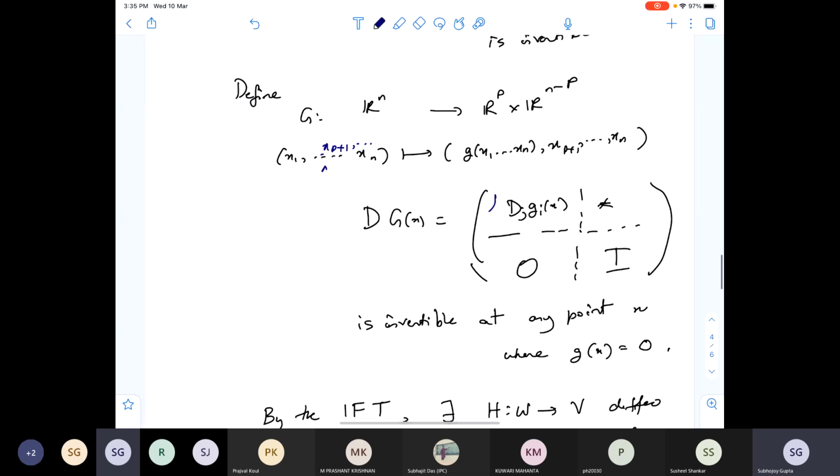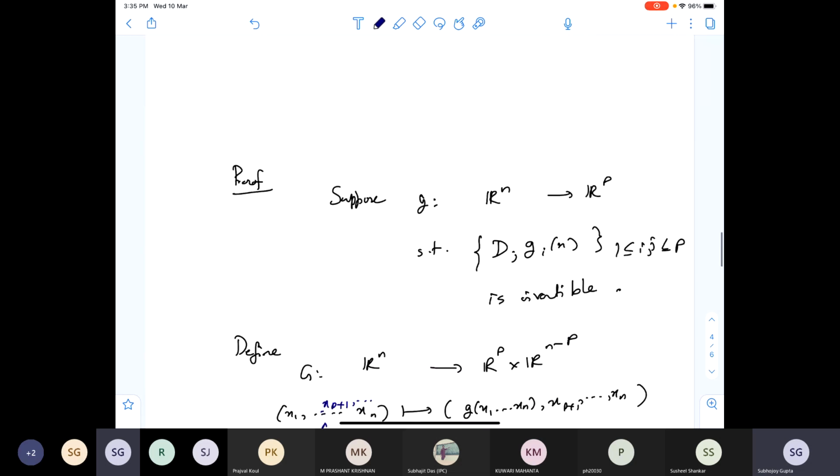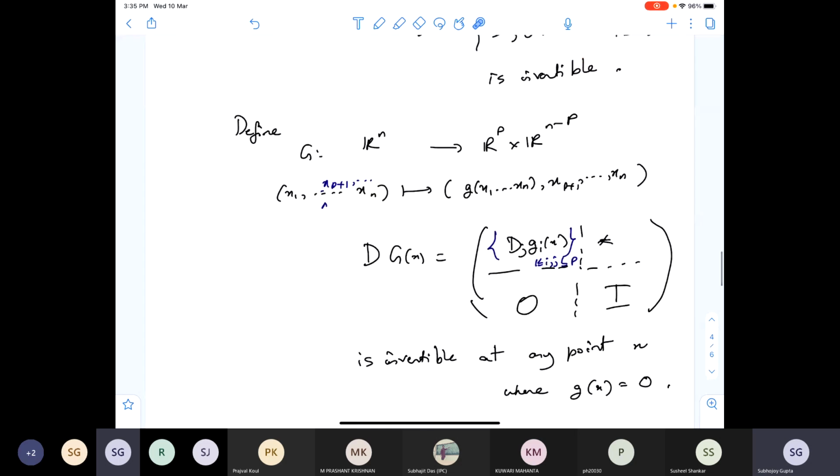Maybe I should mention this is the ij less than or equal to p part, because this was the matrix that we had before, involving the first p variables. So this appears here. This part is 0, and there's the identity map here. And there's something here which we don't care about right now.